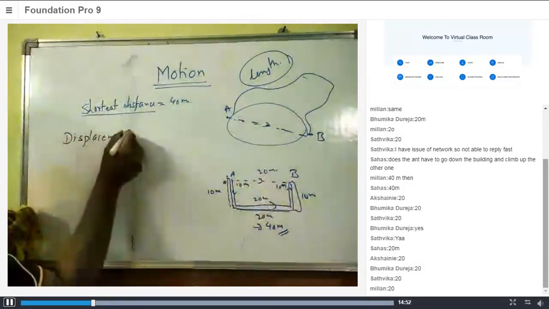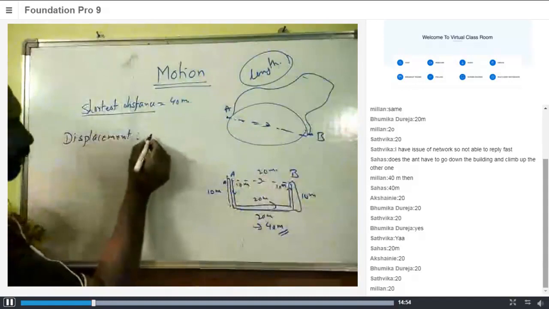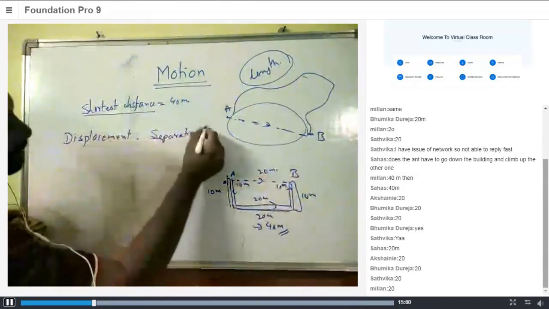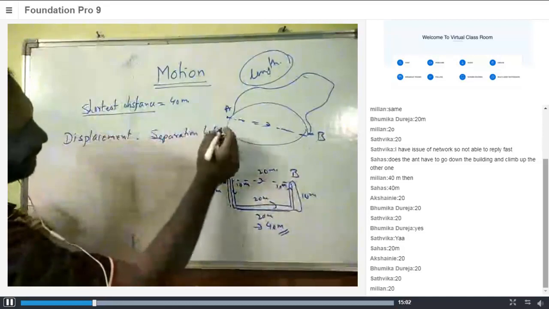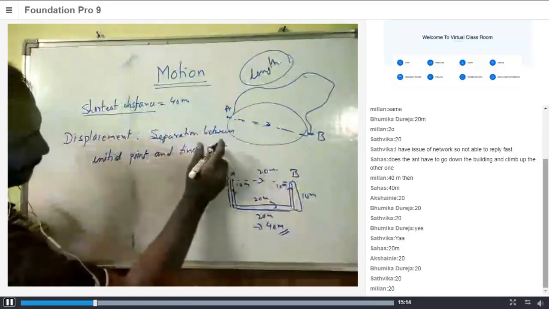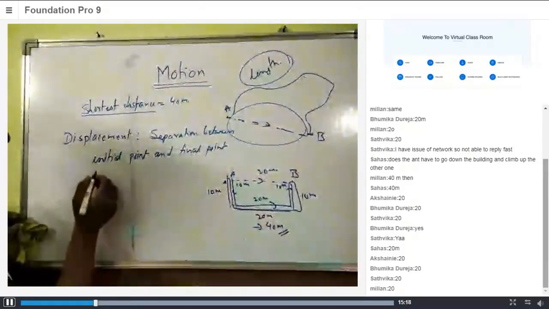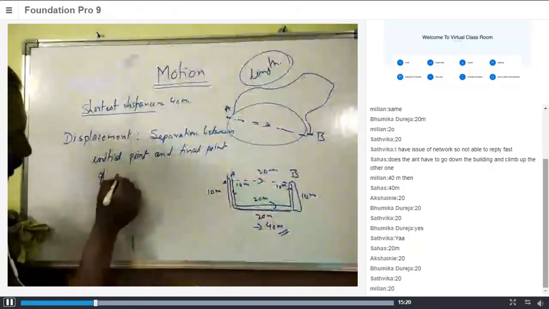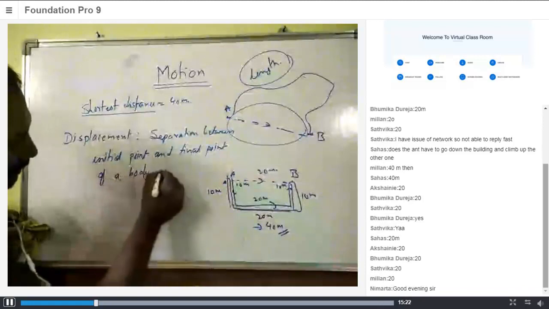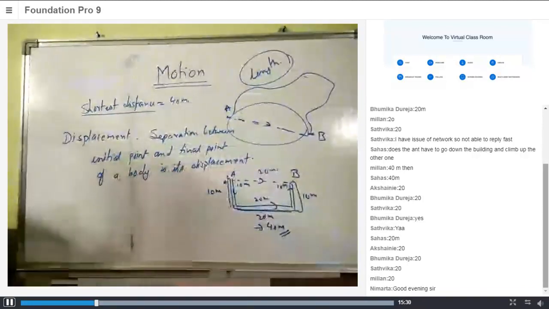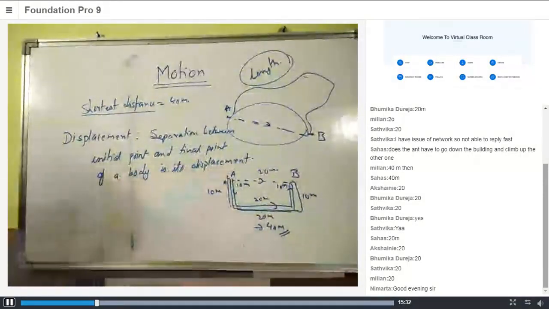Displacement is the separation between the initial point and the final point of a body. I hope it is clear. What is displacement? Displacement is the separation between the initial point and the final point of a body.